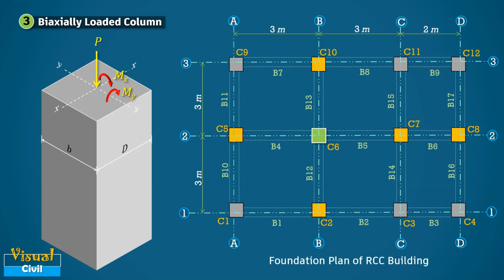In practice, the columns situated at corners of the building generally encounter the situation of biaxially loaded column. For example, corner columns C1, C4, C9 and C12 shown in the given plan can be categorized as biaxially loaded columns. Similarly, columns like C3 and C11 can also be considered as biaxially loaded columns if the loading eccentricities along both the axes of the column are significant.